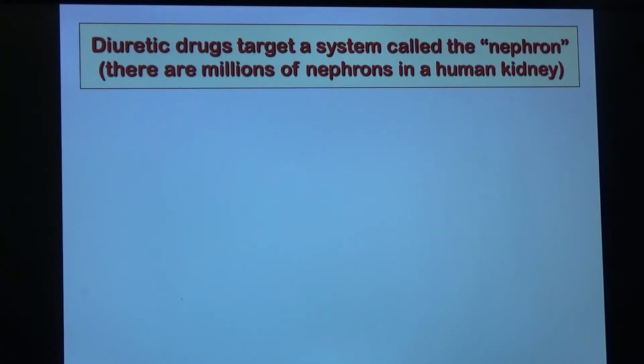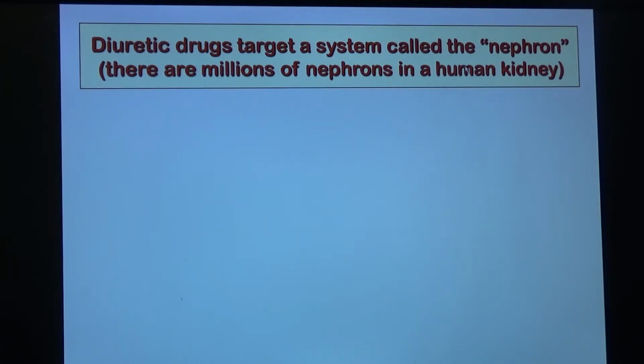Okay, so I'm going to show a little bit of PowerPoint stuff, and I find that it helps me with my video editing if I just point the camcorder at the monitor. So we're going to try this time. How do diuretics work? They target a system called the nephron.